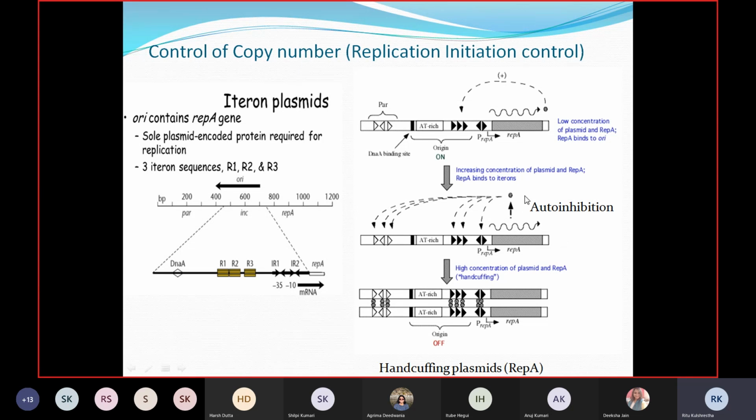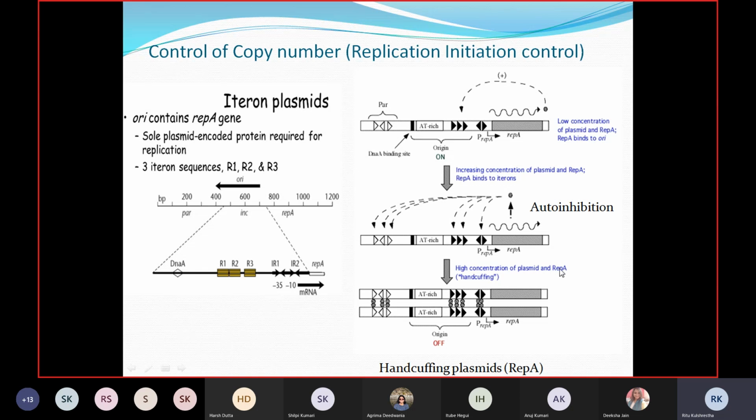And in another method of inhibition, once we have a high amount of RepE being produced, it goes and binds to these iteron regions which are present in the ori, and this par region, which means partition locus, which is present here. Consider that there are multiple molecules of plasmid in the whole bacteria, and they are bound by RepE proteins.